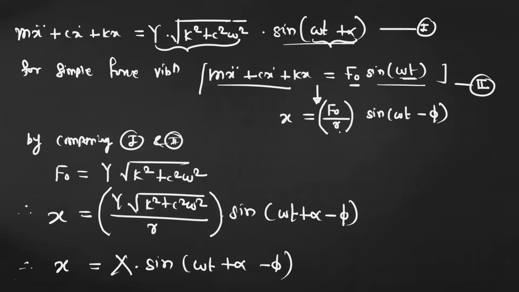So in the forced vibration, this small r is not the frequency ratio. Okay. So we are using the same r for frequency ratio, and there is one term. If you refer to the derivation for simple forced vibration, this r is nothing but the square root of (k minus m omega square) bracket square plus c square omega square. Okay. So put this value in this equation.